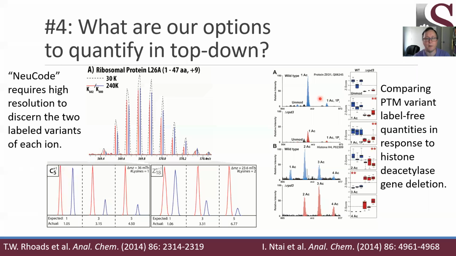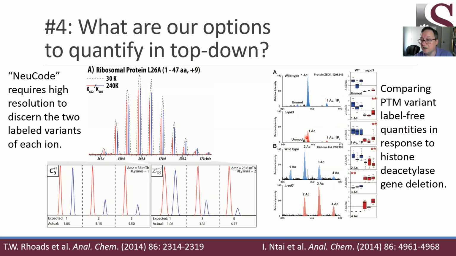So these are twice as far apart because it's about twice as massive. Okay, what we see then is that in the case of Entai et al., when they deleted the gene for histone deacetylase, what does histone deacetylase do? It removes acetylations from histones. Clever, right? Great naming strategy.